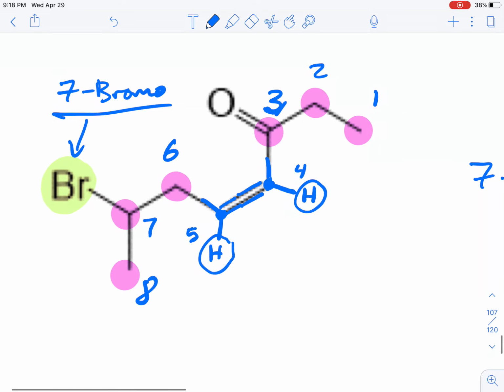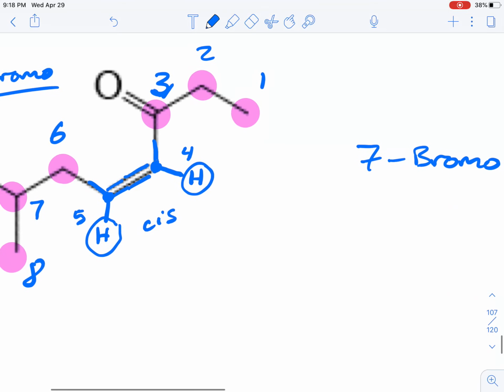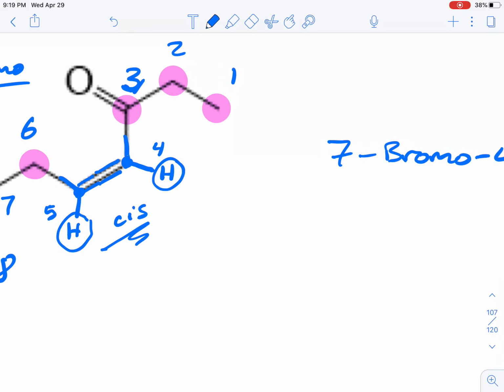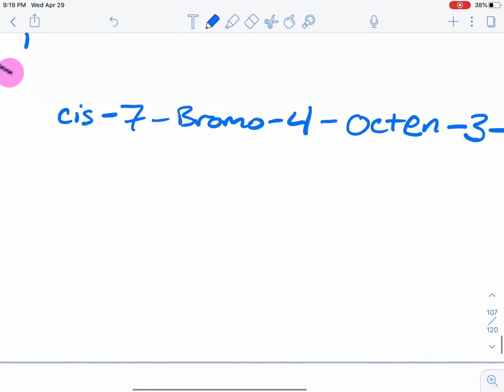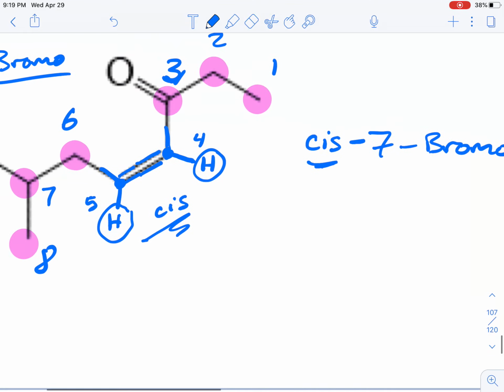And so the relationship between these two hydrogens are cis. And so I need to communicate that the double bond needs to be in a cis conformation, such that the hydrogens are going to be on the same side.